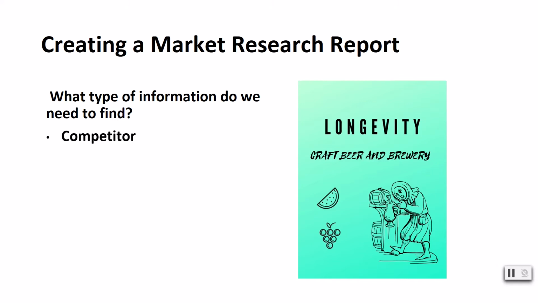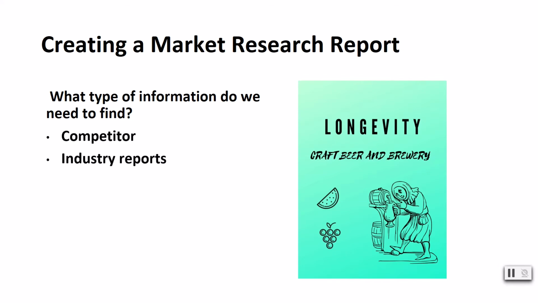Competitor information. This is something that we're going to be looking at on several occasions, identifying the competitors. Because if we're doing a brewery company within the state of New Jersey and within the city of Newark, we want to identify the competitors to understand whether it's a good place to create a brewery within this particular area, or just to look at the competitive landscape in general.